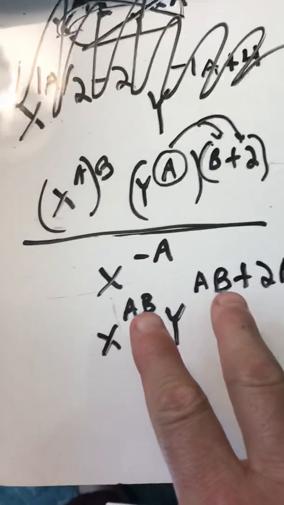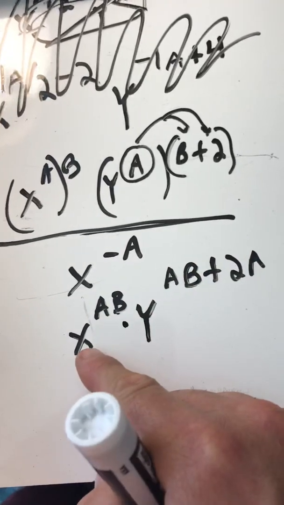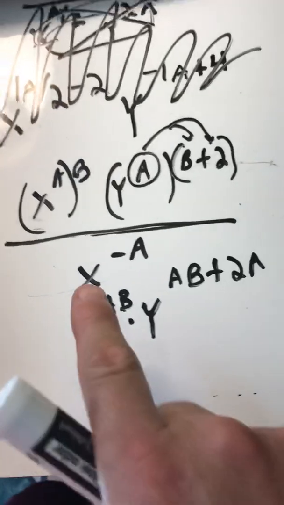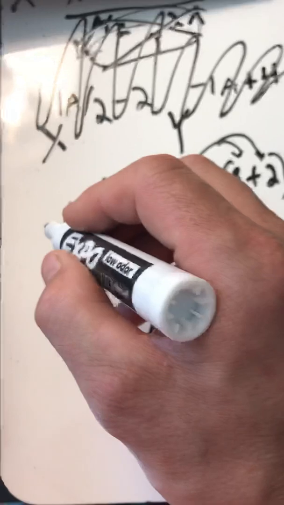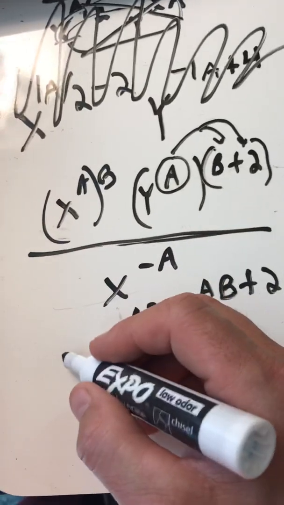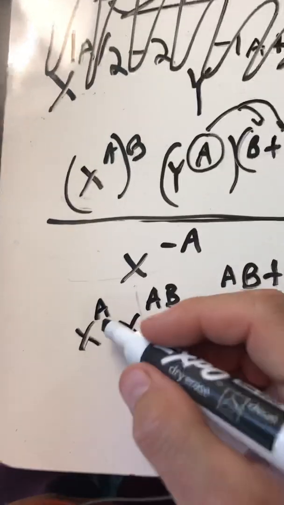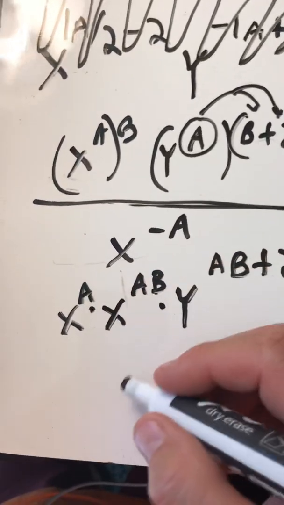Well, Mr. Stroud, they both have ab's. You can't add those, though, because this is a base x and this is a base y. You cannot combine these two. However, x to the negative a, let's bring that up, and when we bring it up, you change the sign of the exponent. So that becomes x to the positive a. Now, these you can combine, but a and ab are two different numbers.